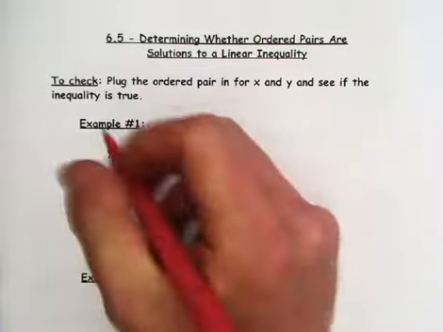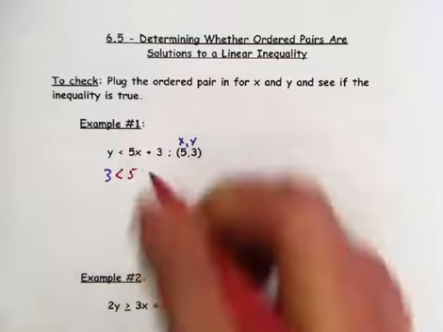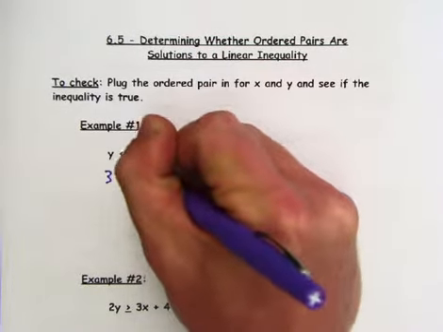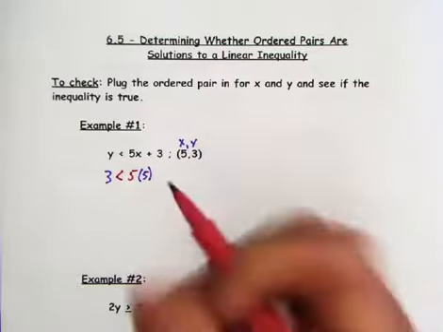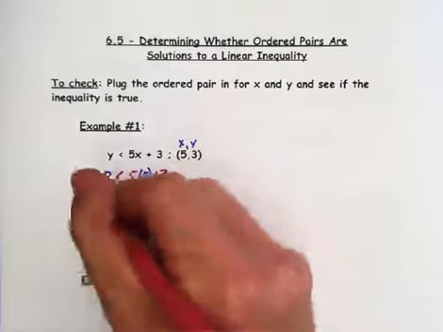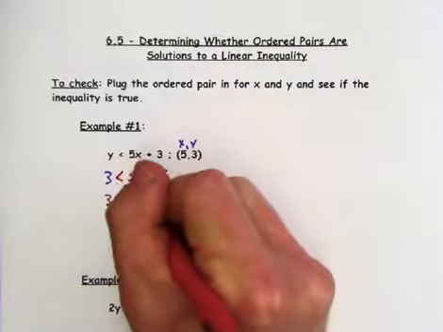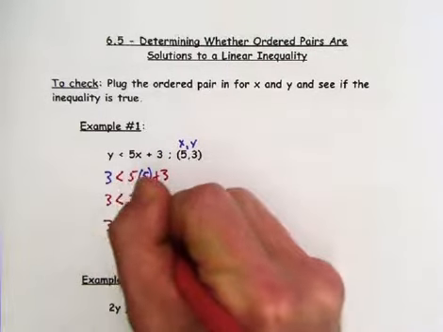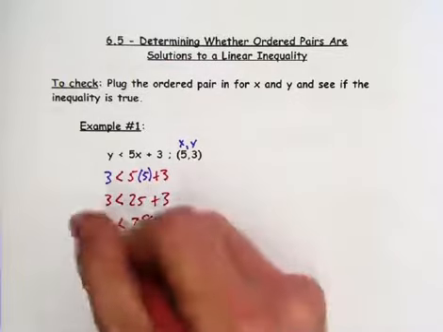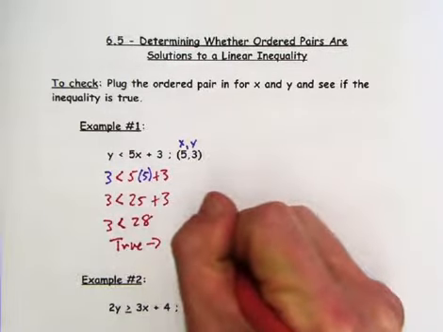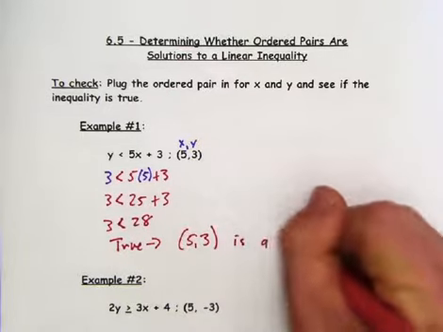And that's going to be less than 5 times x, which is 5, plus 3. So 3 is less than 5 times 5, which is 25, plus 3. 3 is less than 28. Now, is this true? Yes, this is true. So that means 5 comma 3 is a solution.